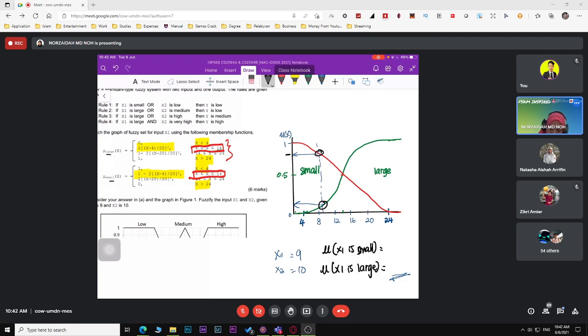For large, x1 is 9. 9 minus 4 is 5. Divide by 20 times power of 2 times 2. Untuk large ni yang 0.125.